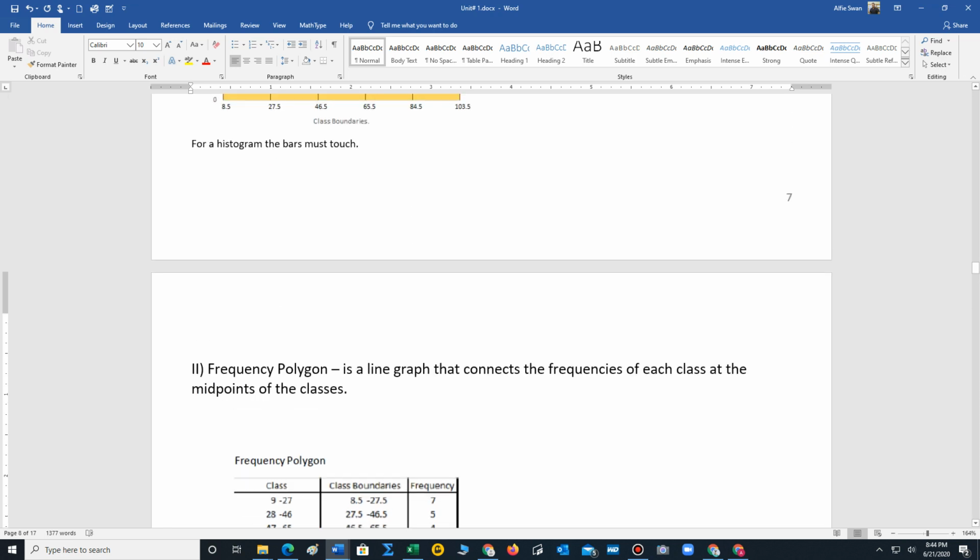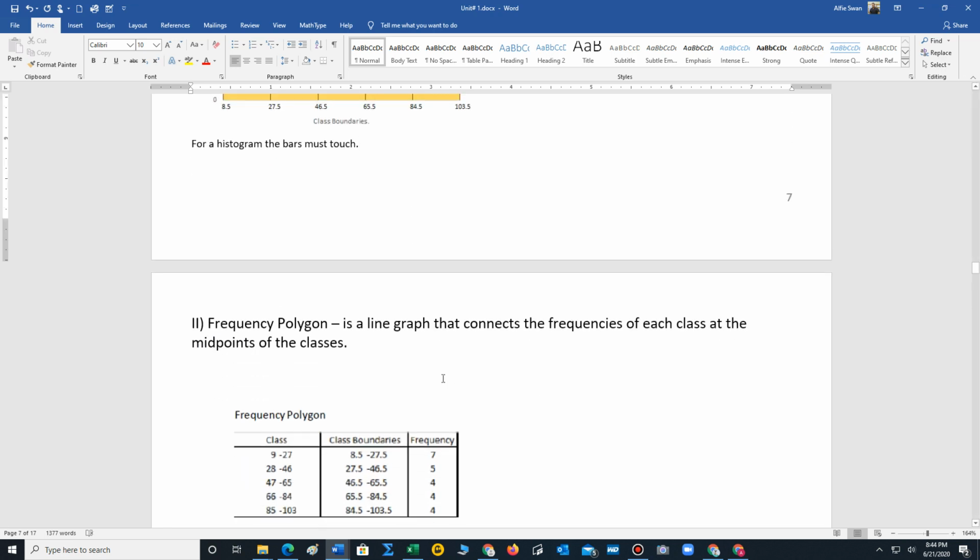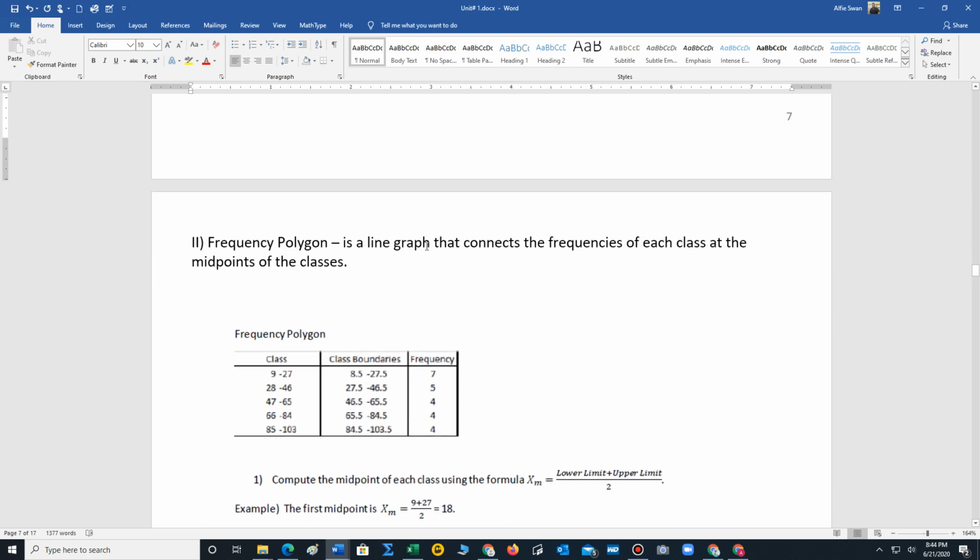So our next type of graph for this section is called a frequency polygon. A frequency polygon is a line graph that connects the frequencies of each class at the midpoints of the classes.